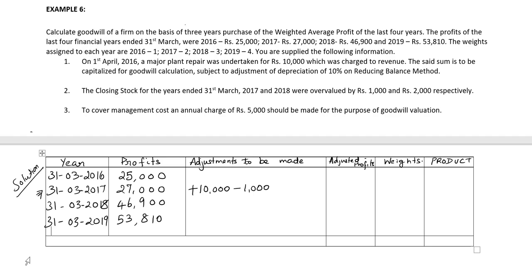Now the written down value is 9,000. For the next year, the depreciation will be 10% on 9,000 rupees, which is 900. So for the next year, I deduct 900. Now the written down value becomes 9,000 minus depreciation of 900, which is 8,100. And for 31/3/19, the depreciation is 10% on 8,100, which is 810.